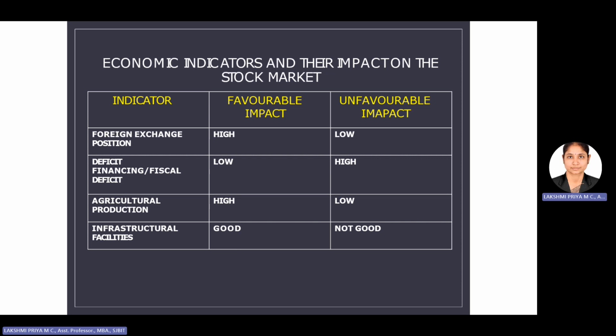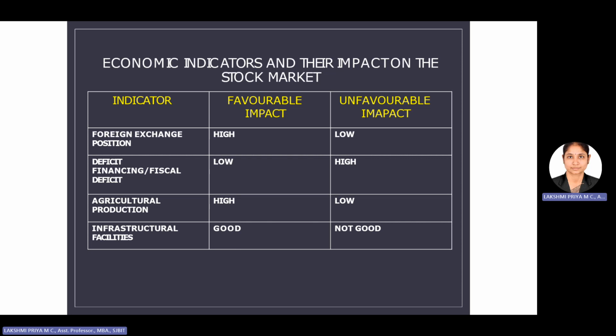Farm equipment, fertilizers, and insecticide industry will supply the inputs used in agriculture. A favorable monsoon leads to higher demand of these inputs. A good crop and more disposable income in rural areas lead to buoyancy in the stock market.